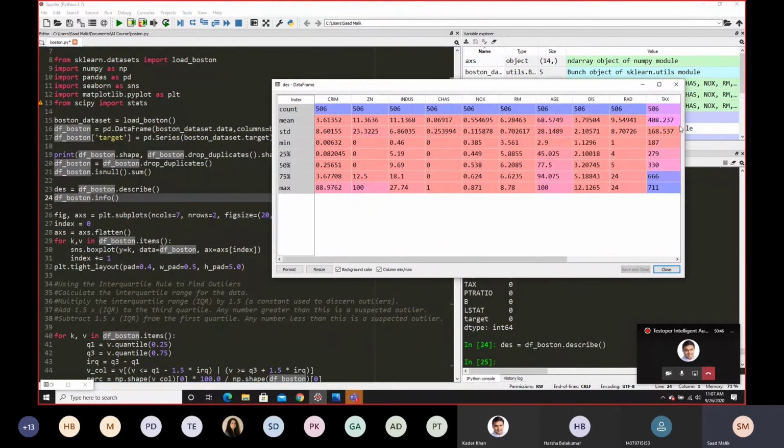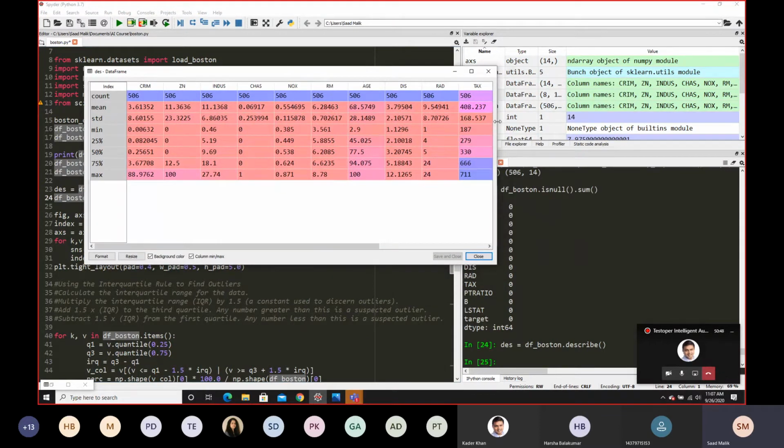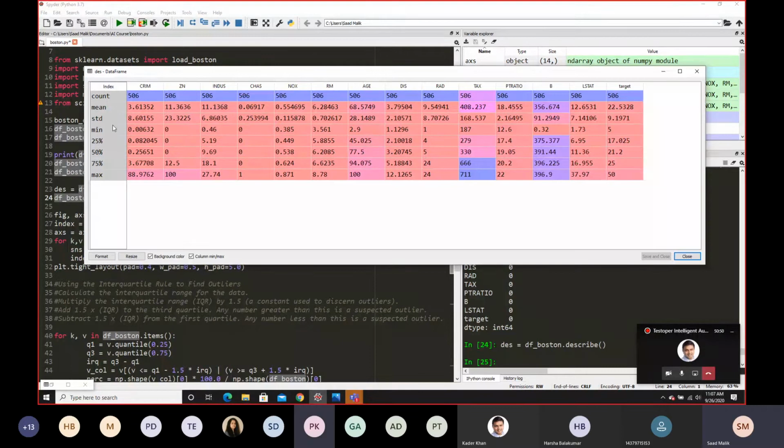For each variable, you have the mean, the standard deviation, the minimum, the maximum, and the interquartile range. Just looking at this data, you can understand what the different spreads are for each of these variables. You can also see visually if you're missing something or if something just seems wrong.